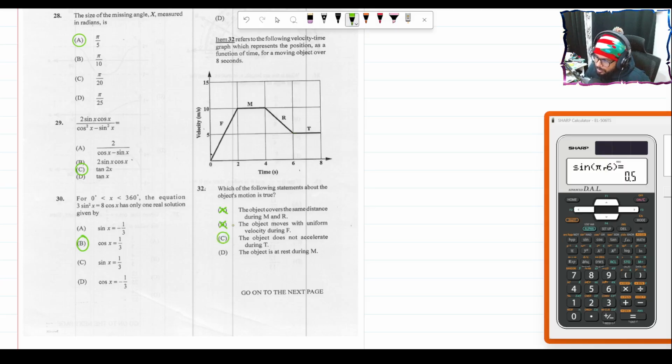I'm just going to entertain the last one. The object is at rest during m. Is it at rest? It's not at rest. It's traveling with a uniform velocity over here. Time is going and he is moving. If this was a displacement time graph, he would have stayed at 10 meters for 2 seconds, which means he wouldn't have been moving. So the answer for 32 is C.